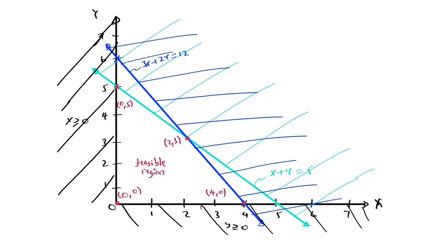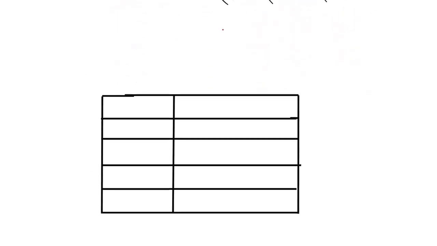Next, let us draw the table with the corner points and the objective function to see which pair of points is going to give us the maximum value.